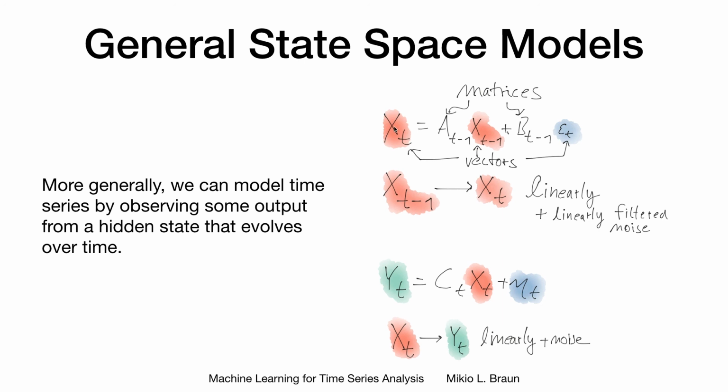That means instead of a linear combination, we have a matrix-vector multiplication. So x_{t+1} evolves from x_t linearly plus linearly filtered noise. And the thing that we actually observe is a linear transformation of this hidden state plus eta_t. All the other models I discussed before can be mapped into this, and you can have a nice general theory of how this works.